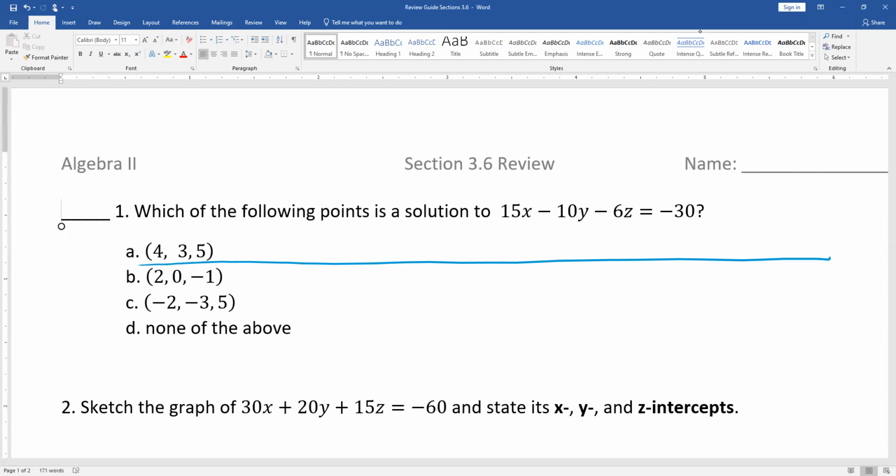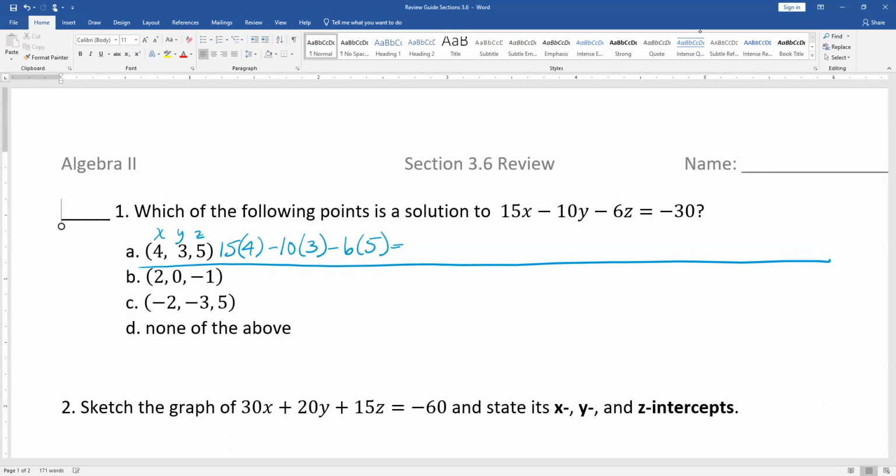All right, so I take my equation. So 15 times x, remember these are your x, y, and z coordinates. So 15 times 4 minus 10 times y, which is 3, minus 6 times 5, which is z, equals negative 30. All right, so let's see if it's true. 15 times 4 is 30.